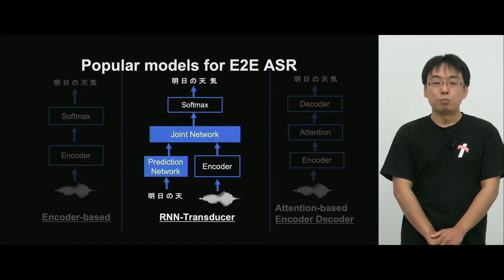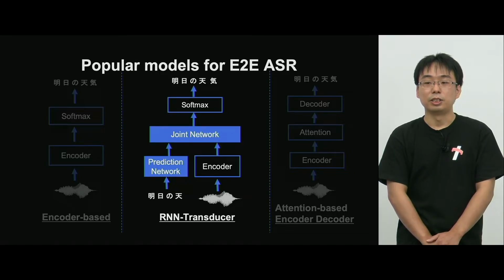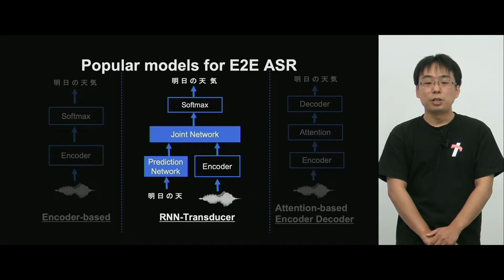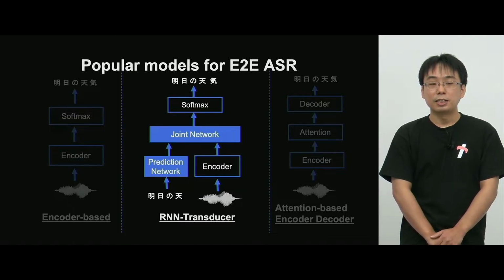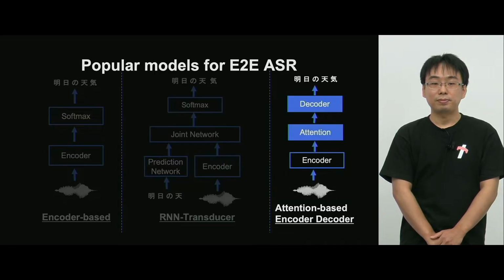Therefore, the RNN transducer utilizes a prediction network and a joint network so that it can confirm the strings that were output in the past to infer the current output. Therefore, compared with the encoder-based model, accuracy will be improved, which is also a benefit.